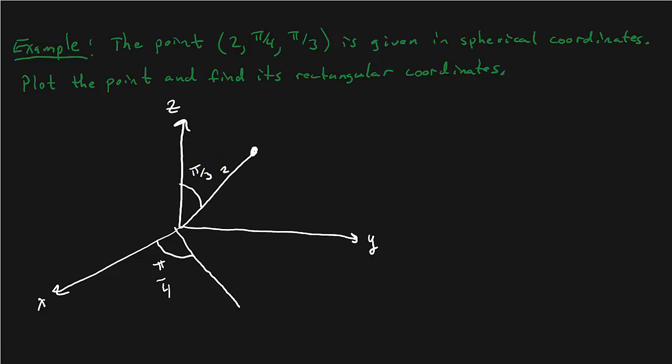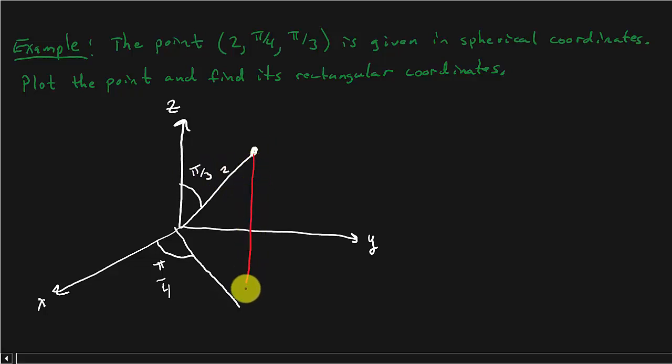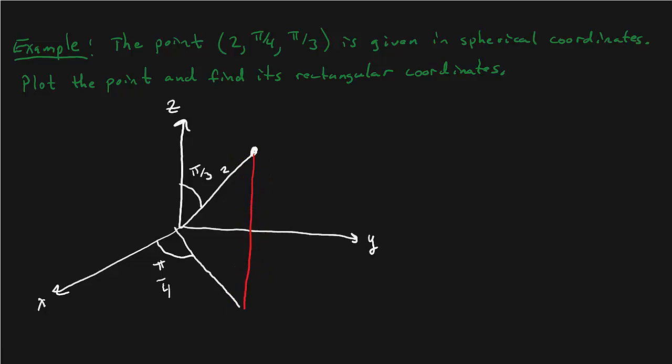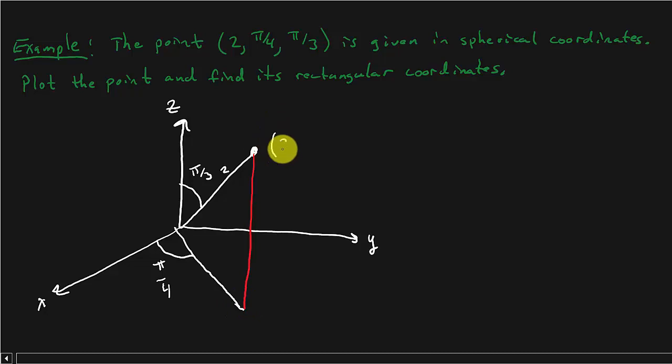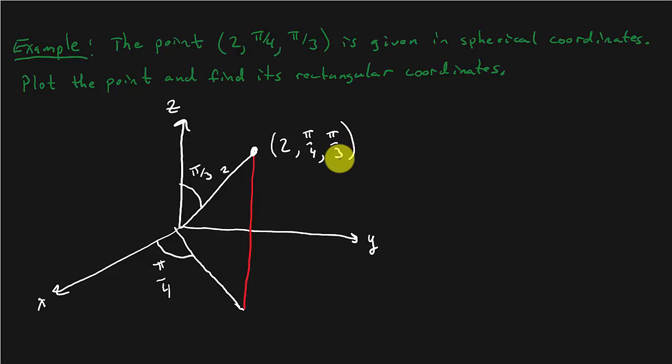There's your point. And so there's our point right here. This is the point (2, pi over 4, pi over 3). All right. So, it's not difficult to graph these things, but there it is.